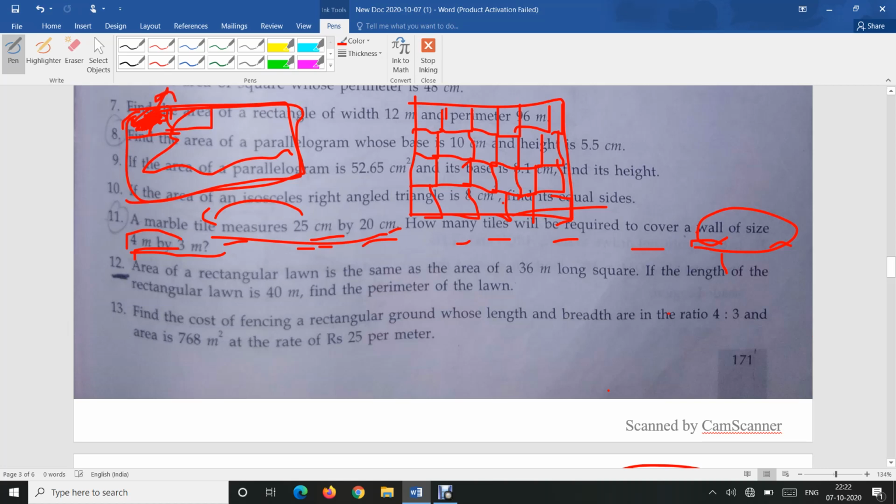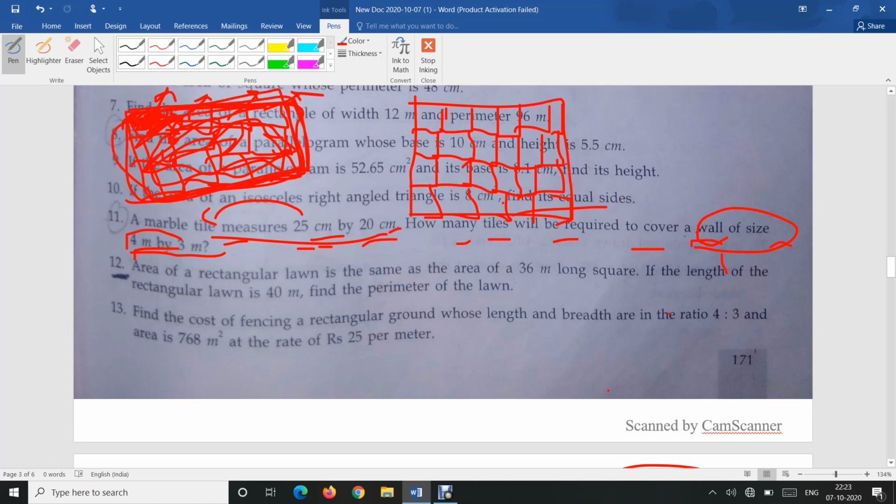Then you have to put the second tile, that means you have to count down the area of the second tile. Similarly you have to count down the area of the third, the fourth, and all the tiles, in such a way that the tiles cover the wall completely. So the total area of all these tiles will be equal to the area of the wall.